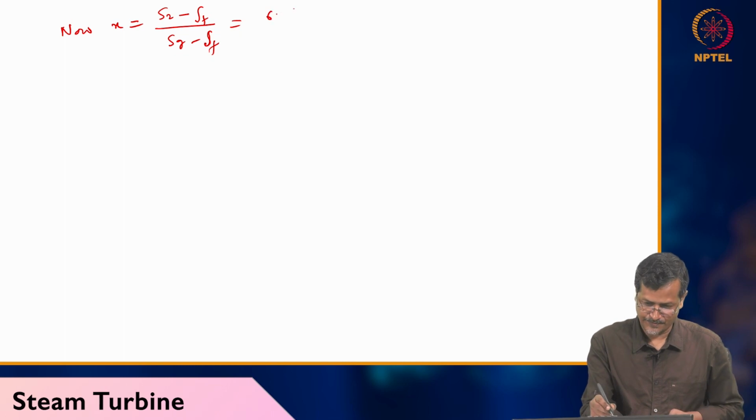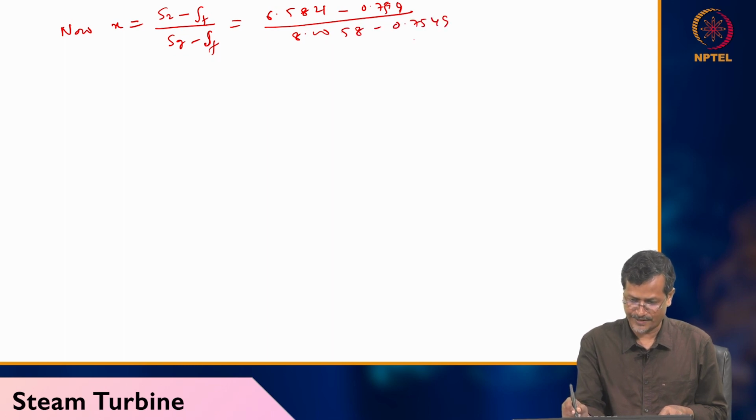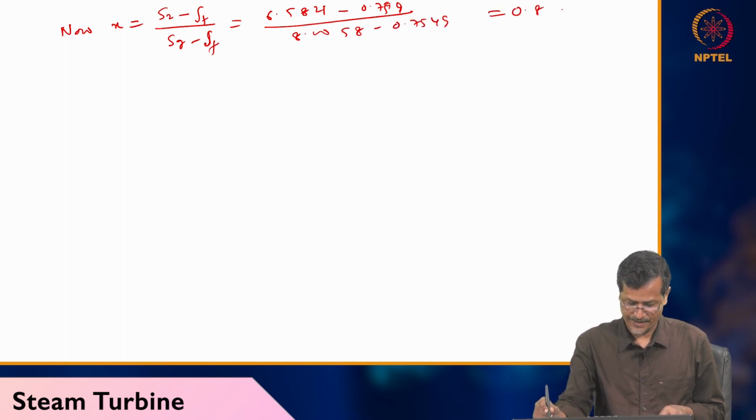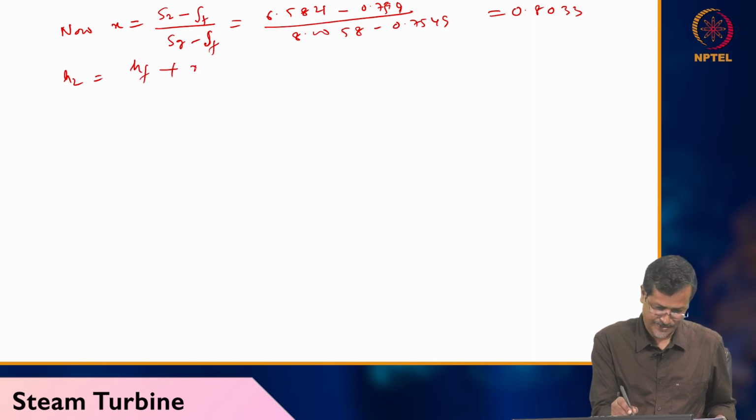This gives 6.5821 minus 0.7594 over 8.0058 minus 0.7549. So this gives 0.8033. Now H2 equals Hf, again the same formula, plus X times Hg minus Hf.